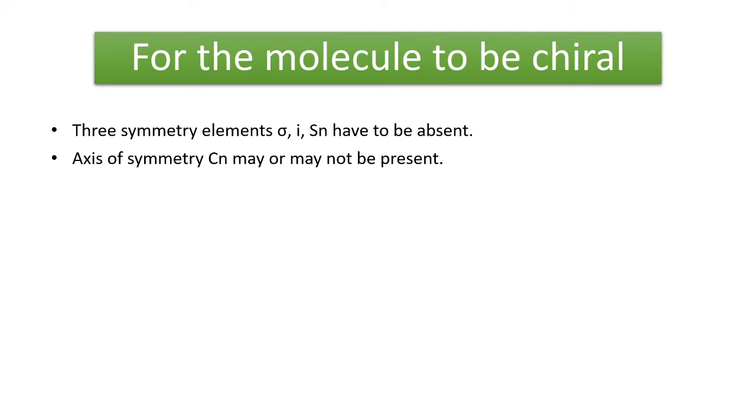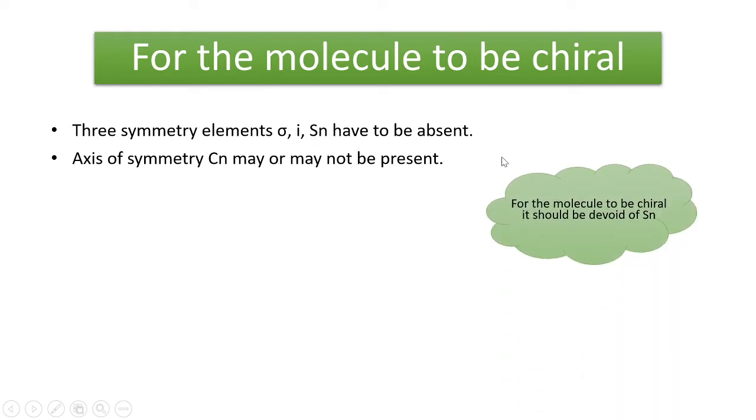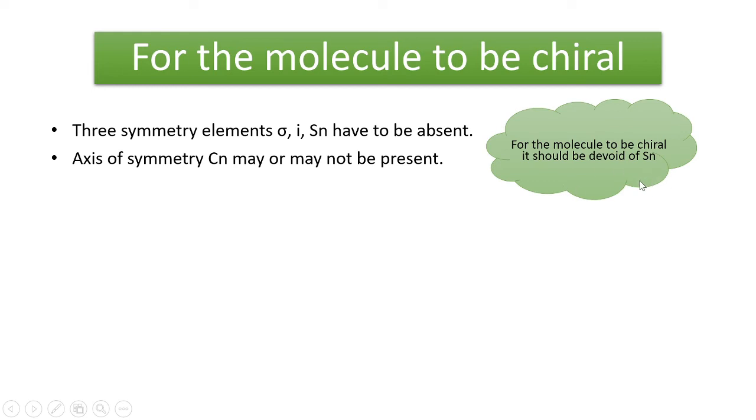Now, the axis of symmetry Cn may or may not be present. If you remember, Sn is a combination of rotation and reflection. So in short, you can simply say the molecule should be devoid of only Sn, because it's simply a combination of reflection and rotation. If you simply say the molecule is devoid of Sn, that is also enough.